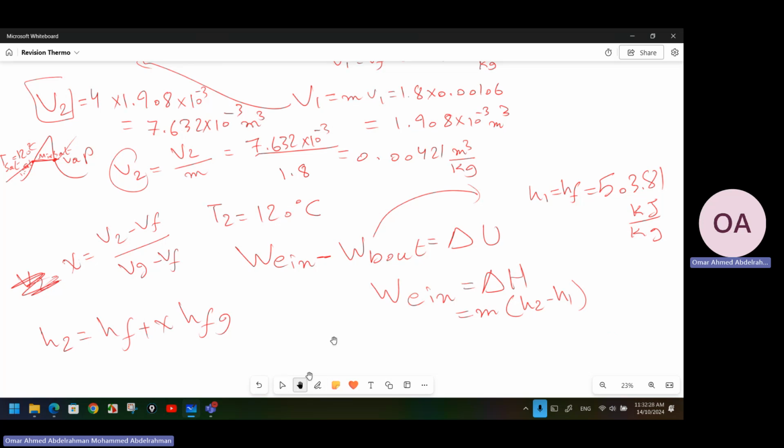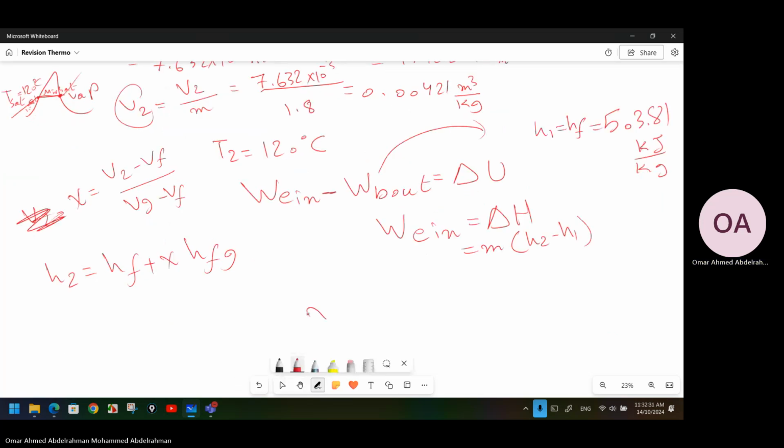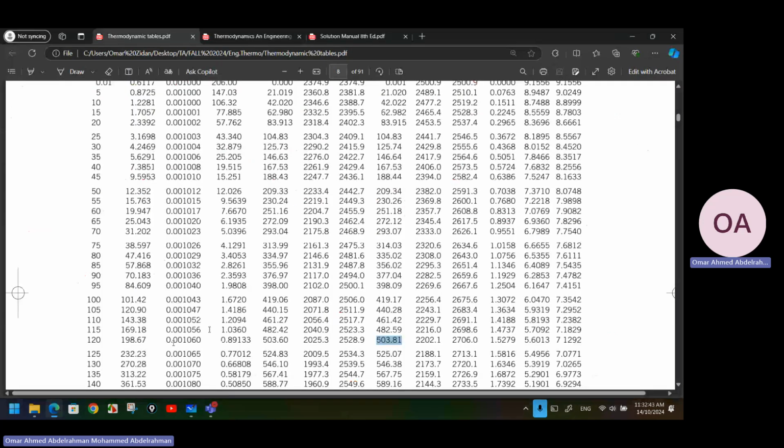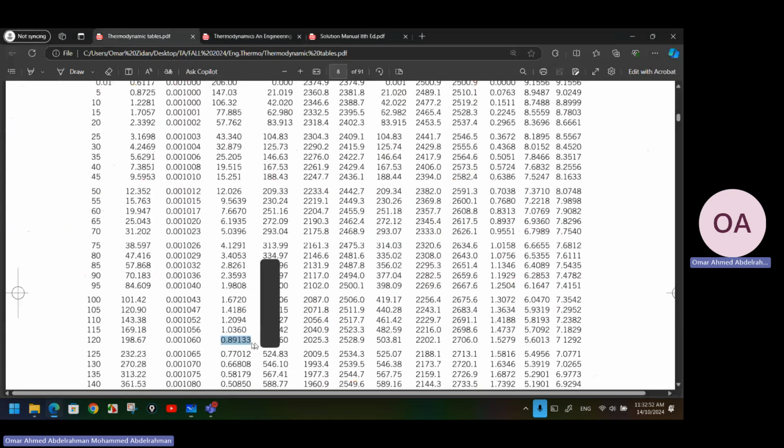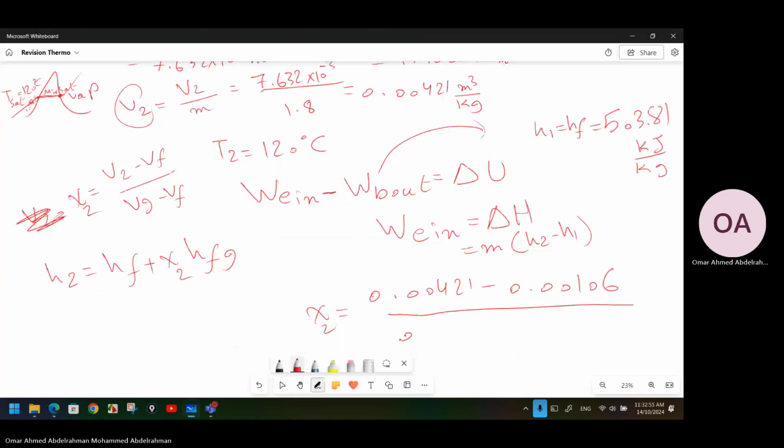So I will calculate right now the quality. So x: v2, I have it, it is 0.00421. vf is the same as v1, it is 0.00106. vg is this value, 0.89133, minus vf again.